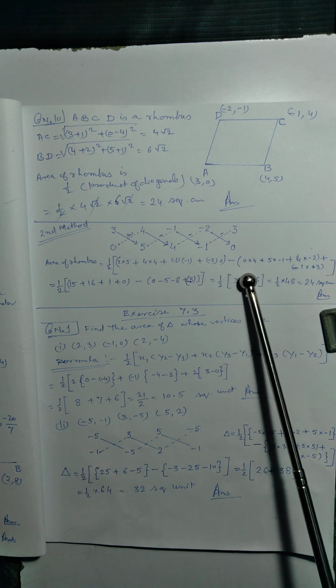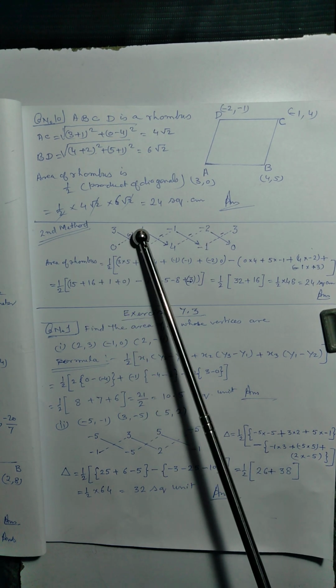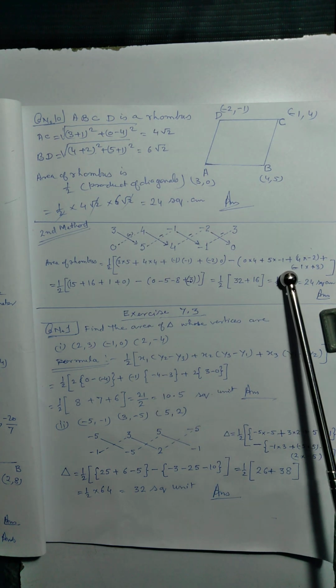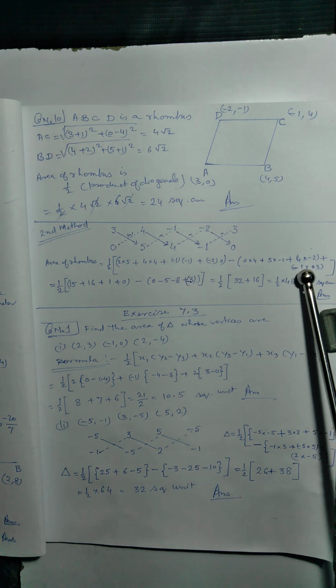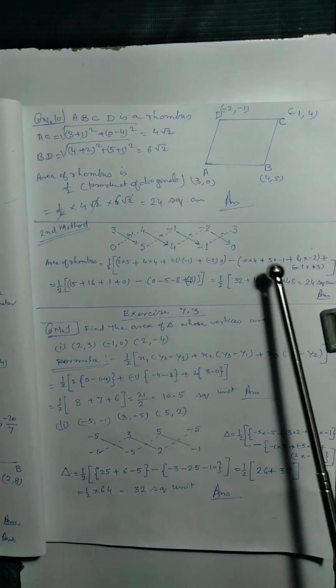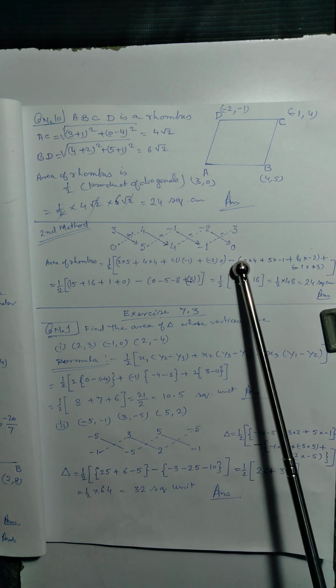And in the second bracket you write down the minus part: 0 into 4 plus 5 into (-1) plus 4 into (-2) plus (-1) into 3. These are the negative part, you can say.